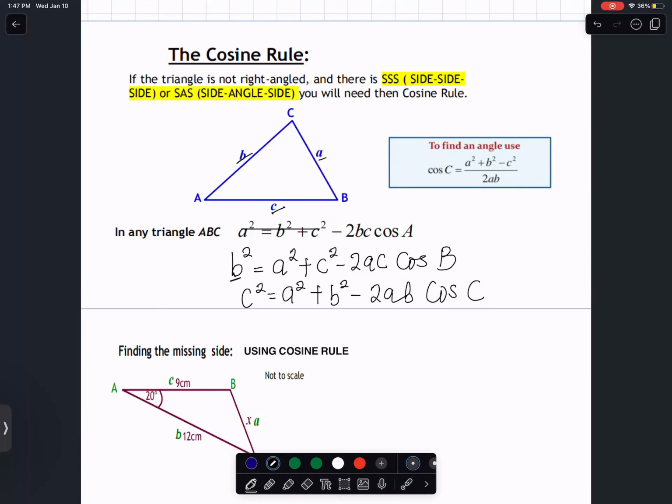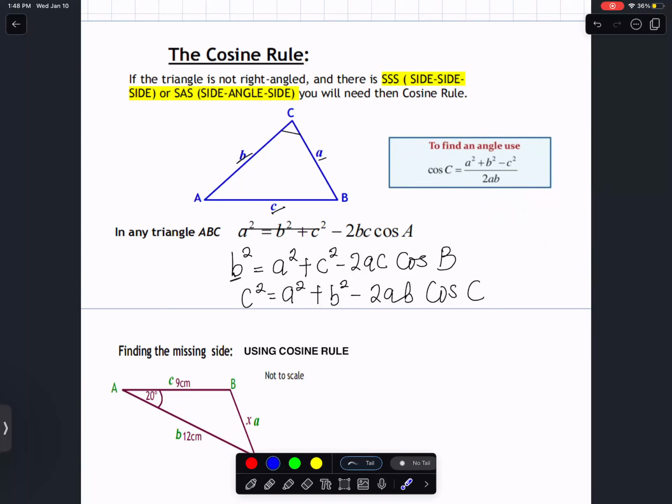Which is also different when you're looking for any of the angles given; we can apply this formula to it. So we can have cos C as A squared plus B squared minus C squared divided by 2AB. Or you can have cos A as B squared plus C squared minus A squared divided by 2BC.